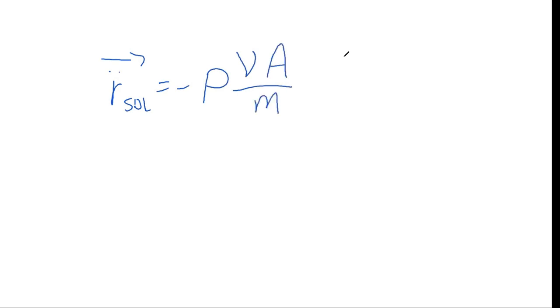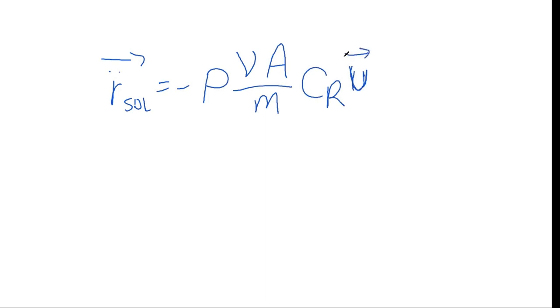Solar radiation: the acceleration from the sun, the solar, is minus P ν A over m, C_R, and u, as a vector. So what is this?